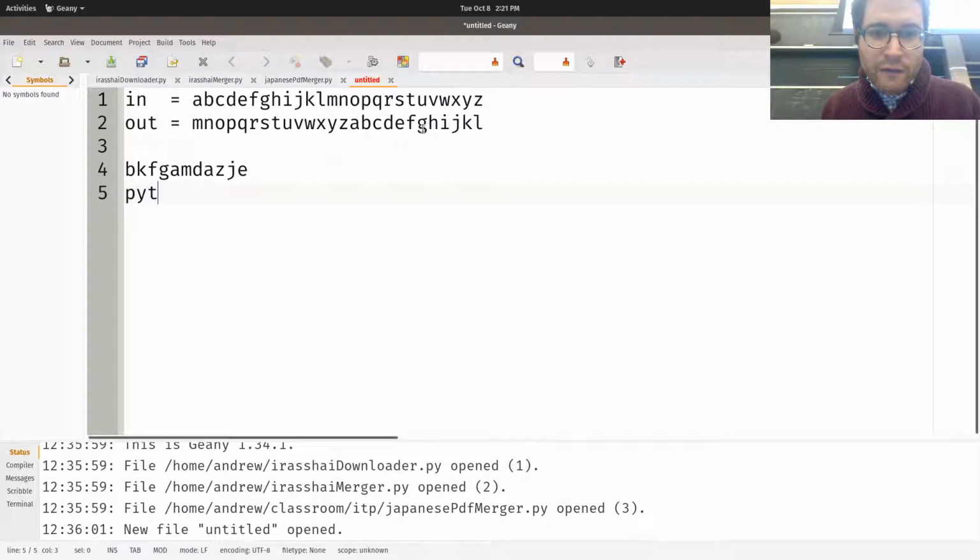A, B, C, D, E, F, G. Did I mess up somewhere? E, F, G, H, I, J, K, L. Q, R, S, T, U, V, W. Yeah, I seem to have messed up somewhere, because I know what the message is. It's fairly straightforward. But let's keep going.